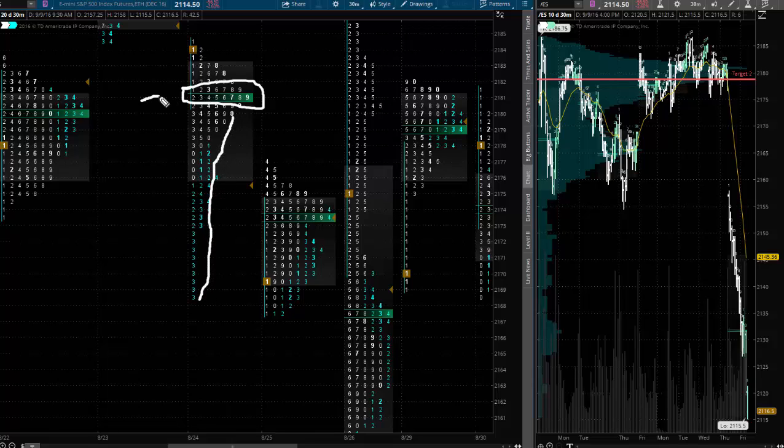This is the fairest price to do business for that day, and these sold at poor prices. That means that these people may be getting short, and that this is actually where value is, and so it may come back to where value is. And you see, it didn't happen on the next day. It may not happen at all. It's not a trade. It's just information that you carry forward.